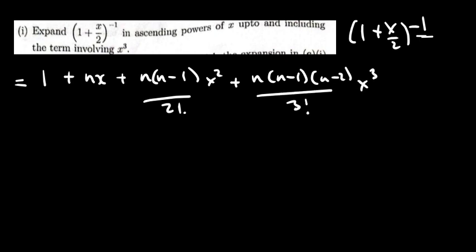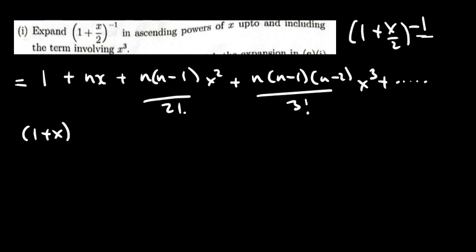When the exponent is negative or rational, we will have an expansion of the general form 1 plus nx, plus n(n minus 1) over 2 factorial times x squared, plus n(n minus 1)(n minus 2) divided by 3 factorial times x cubed, plus, and like that it continues to go. So the general form of this expansion is when I have 1 plus x.